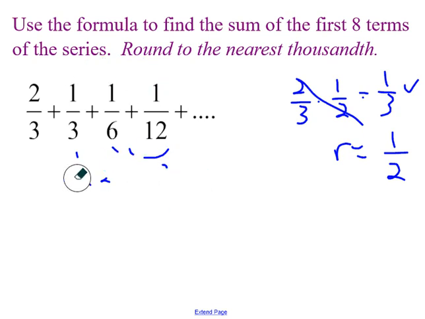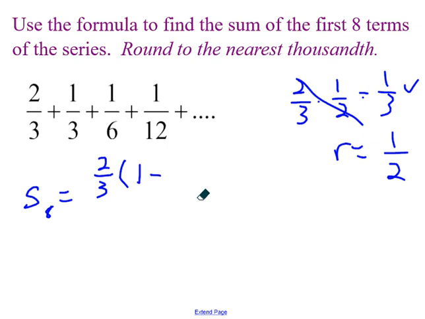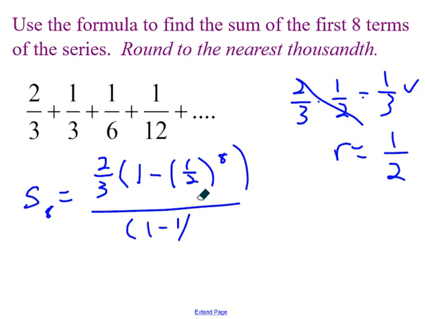Okay, so now I can plug this into my formula. I want the sum of the first 8 terms this time. So the sum of the first 8 terms is, again, I take my first term and multiply by 1 minus 1/2 to the 8th, all over 1 minus 1/2.